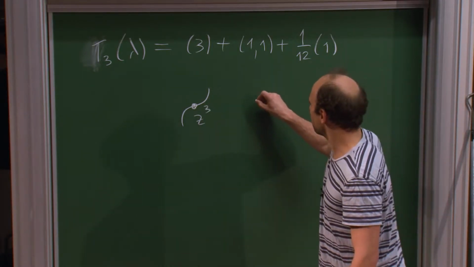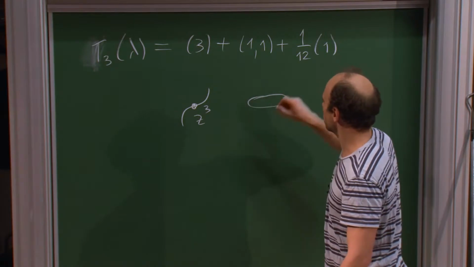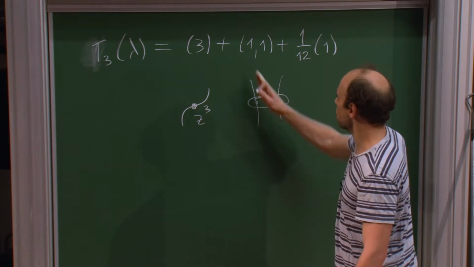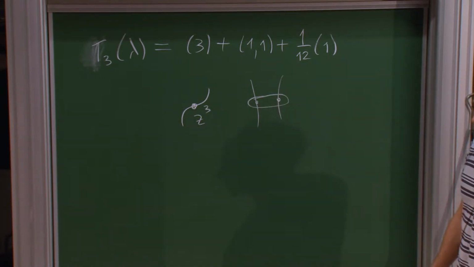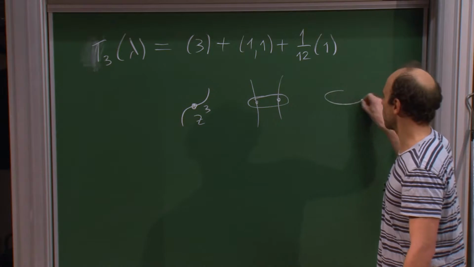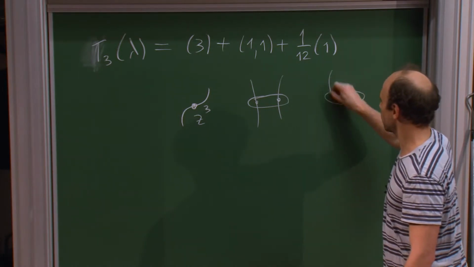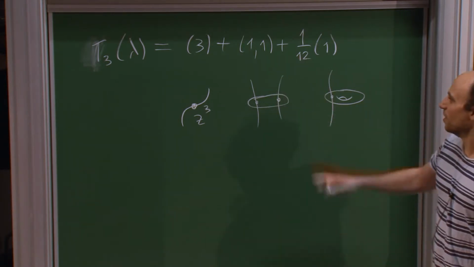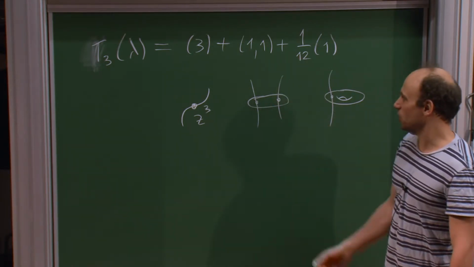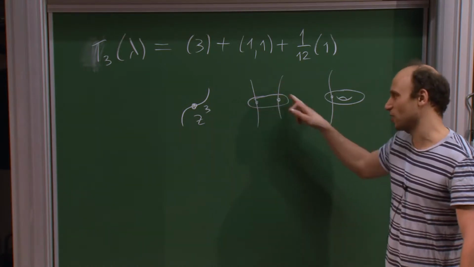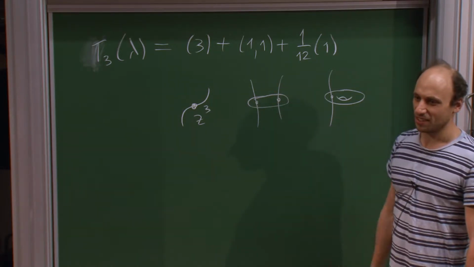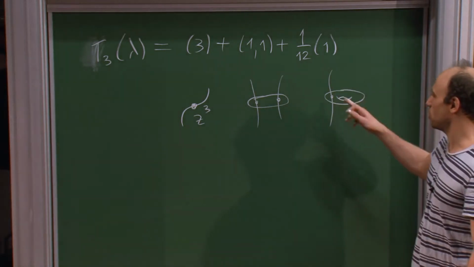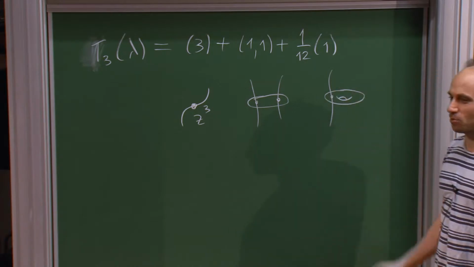But then I also have a contracted component of genus 0 that is attached to two sheets of the covering. And here I have a contracted component of genus 1 that is attached to one sheet of the covering. So here I have a covering with two distinguished sheets, and they are distinguished because there is actually a genus 0 component that is attached to them. And here I have a covering with one distinguished sheet because there is actually a genus 1 contracted component.